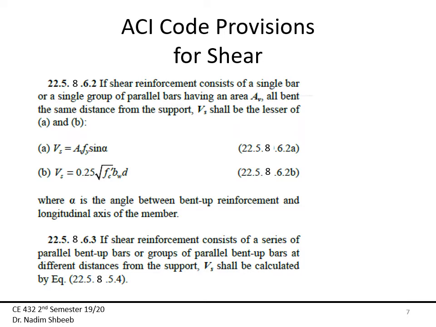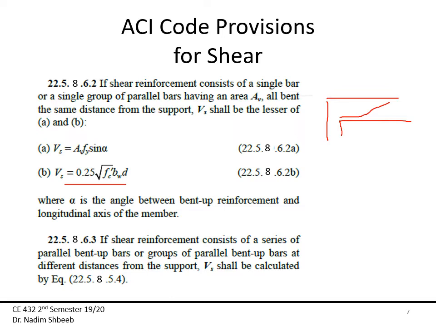So now here, it's telling me if I have shear reinforcement consisting of a single bar or a single group of parallel bars having an area Av all bent up the same distance from the support. So if this is a portion of my beam over here, and this is my support, and all of them are bent up this way, then I can say that my Vs is going to be the minimum of Av Fy sine alpha, or 0.25 square root f'c b web times d.